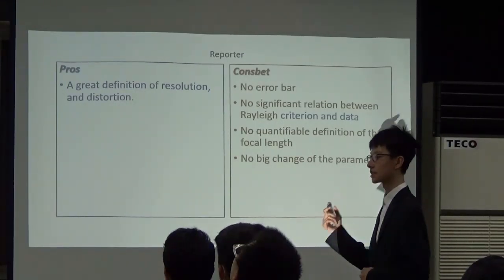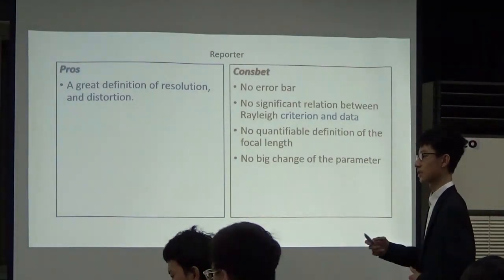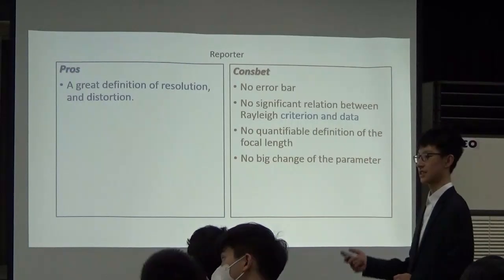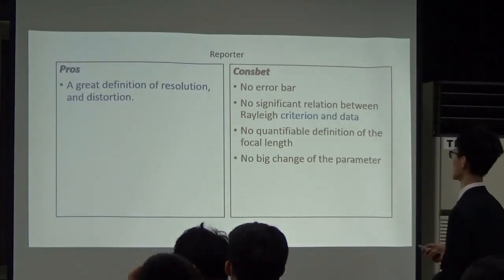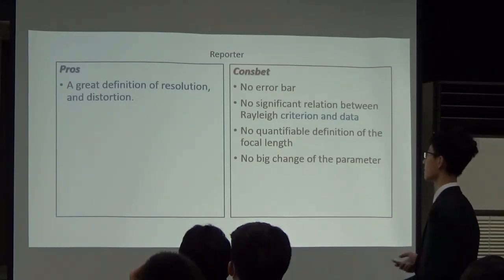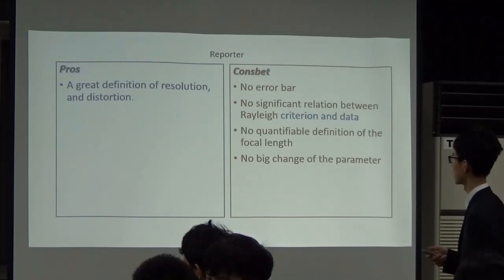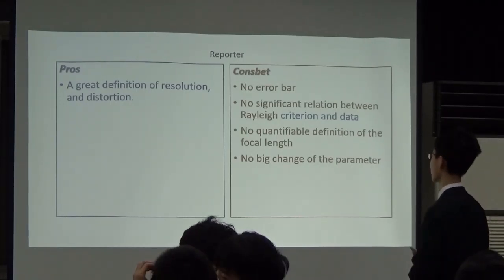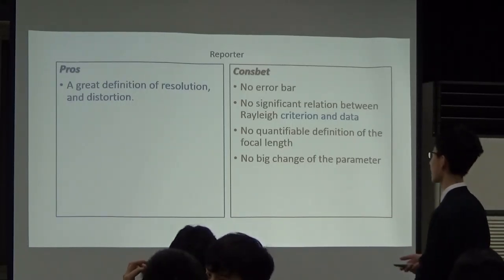The experimental data is quite organized and great. But there are no error bars, no significant relation between the gradient and the data, and no quantitative definition of the focal depth. This will cause an error.